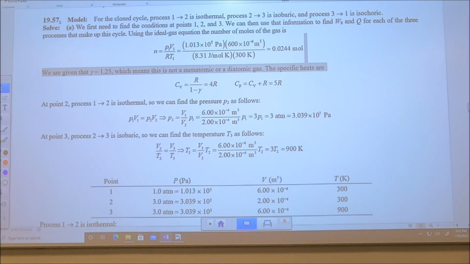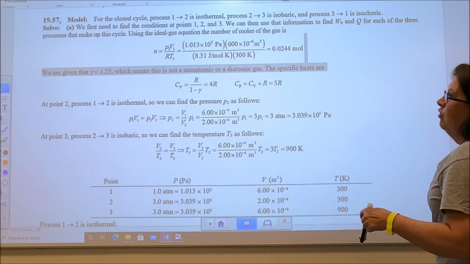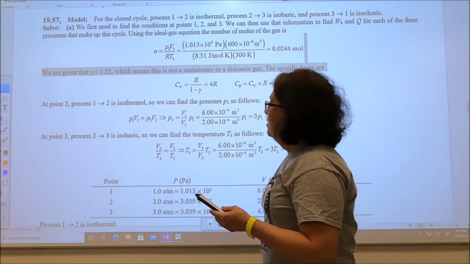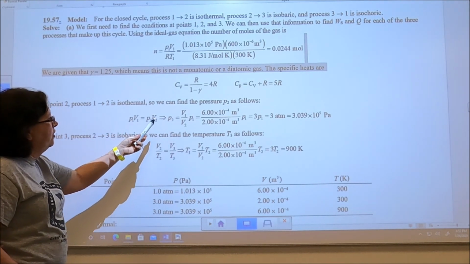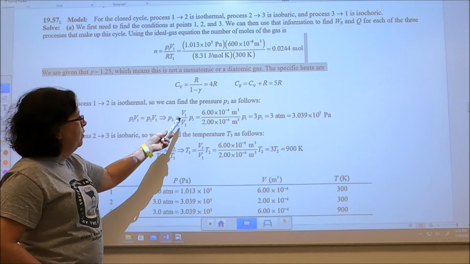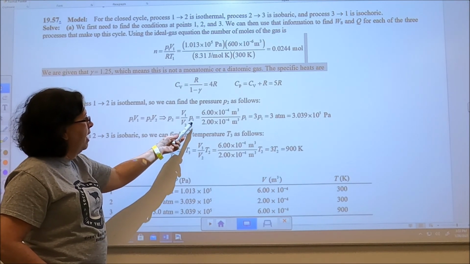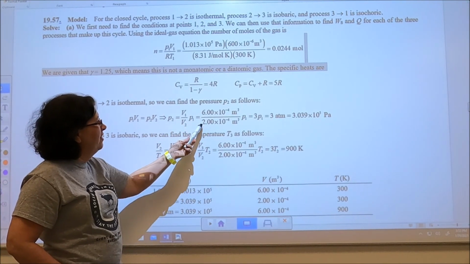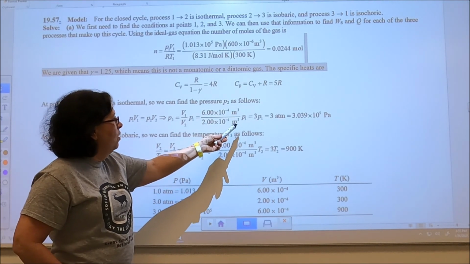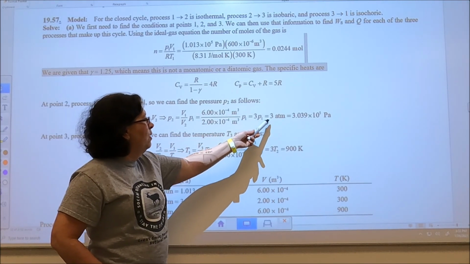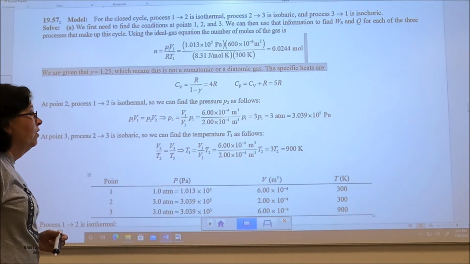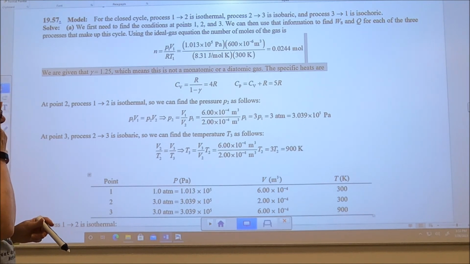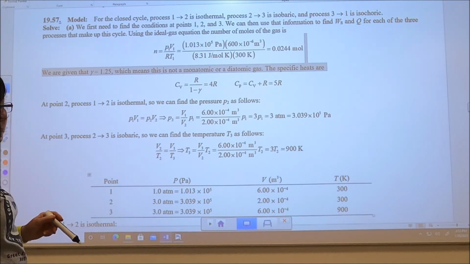Now, on a test, I wouldn't give you something that was a weird gamma. So if I look at point 1 to point 2, the isothermal process, I can use P1 V1 equals P2 V2. So P2 is V1 over V2 times P1. So 6 divided by 2 times P1, so 3 times P1, and P1 was 1 atmosphere, so we get 3 atmospheres, or 3.039 times 10^5 pascals.